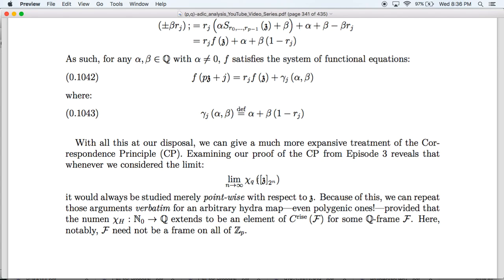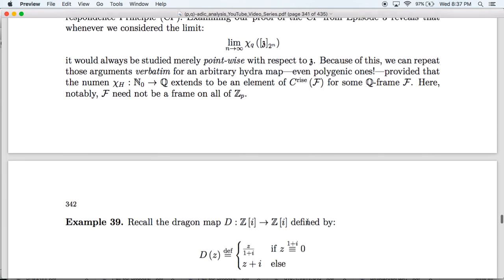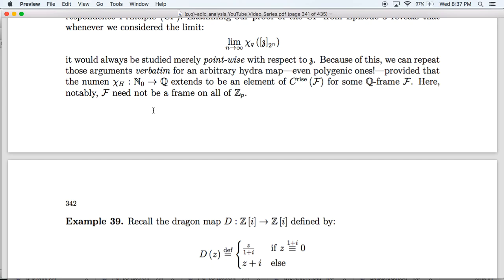That is, we fixed a z and then we did all of our arguments.